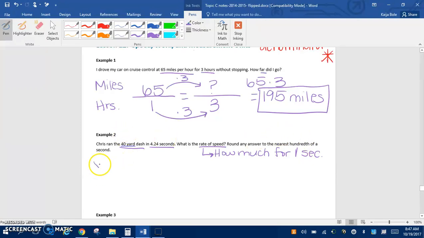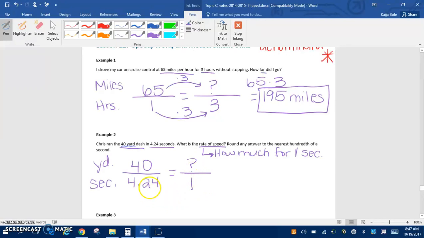So we are comparing yards, and we are comparing seconds. When we put in our blank standard algorithm, we know that Chris ran 40 yards in 4.24 seconds. Now we want to know how much for 1 second, and we're putting a question mark for yards.